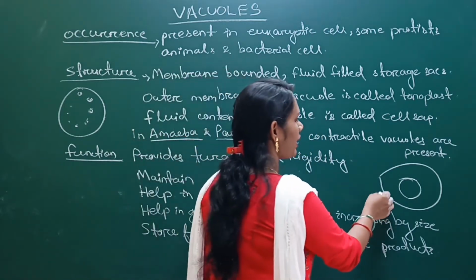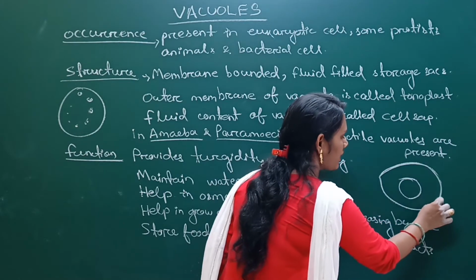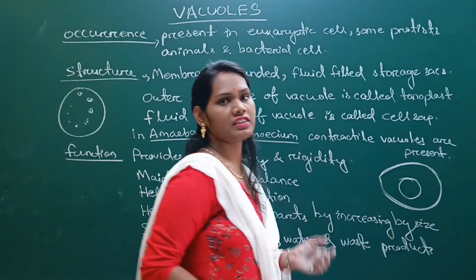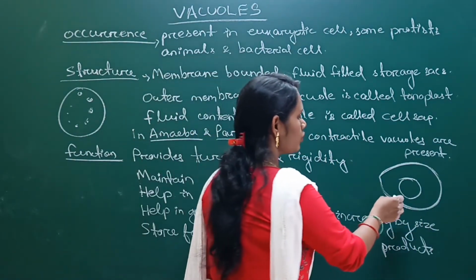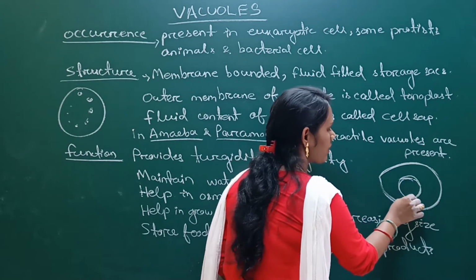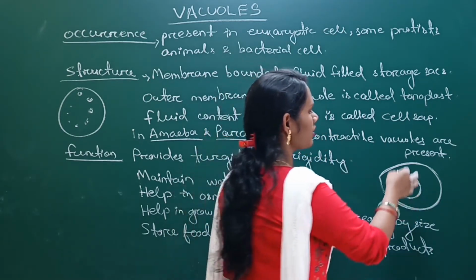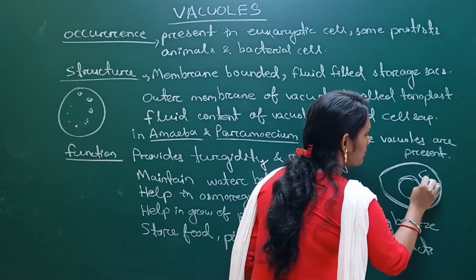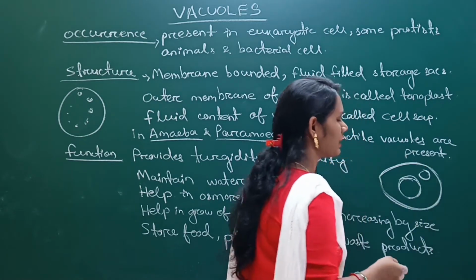Okay, so that's why plants have a large vacuole and animals have small vacuoles, and due to the presence of the vacuole in the center position, the nucleus of the plant cell is pushed aside to the periphery region.